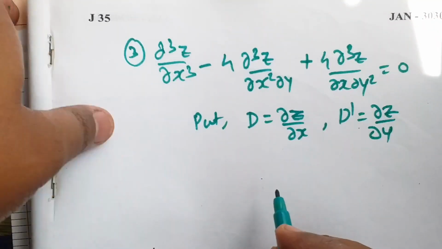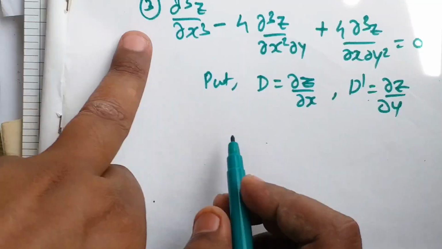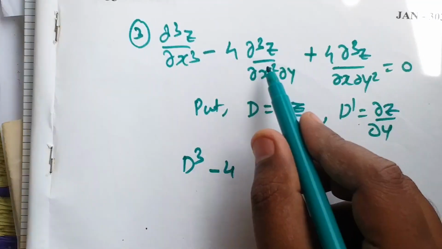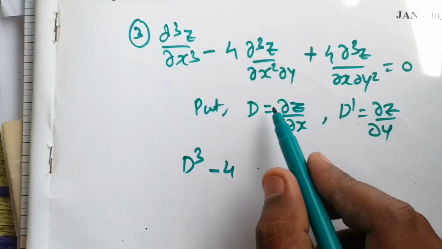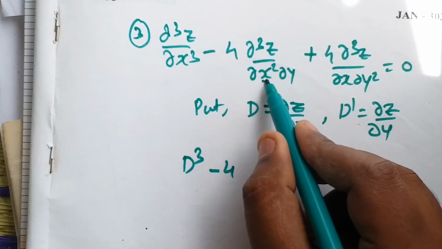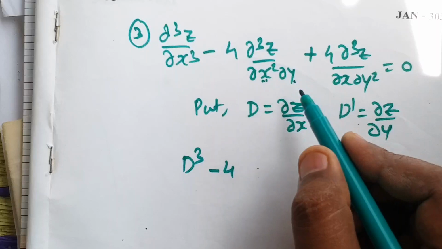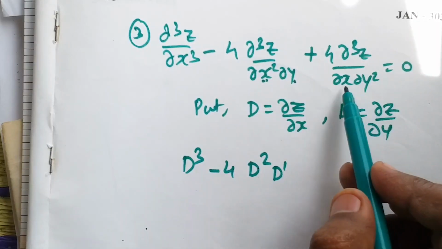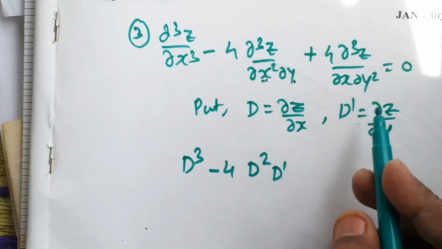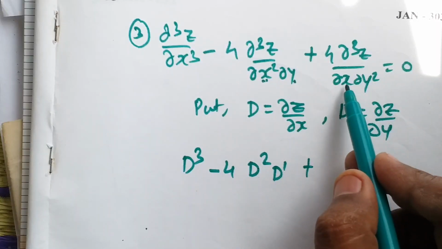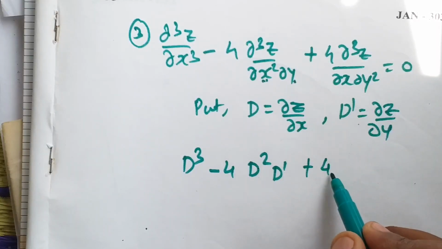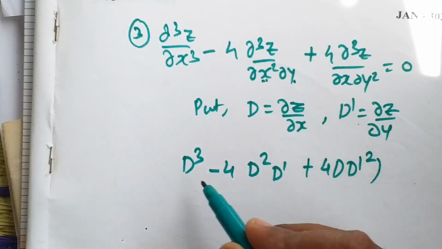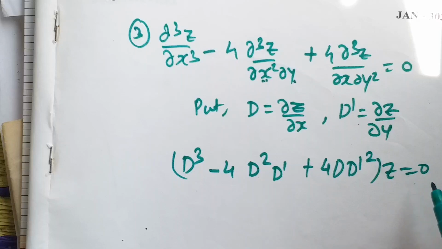So this will give us, first is the derivative with respect to x only, so D cube minus 4. Here mixed partial derivative we have, derivative with respect to x 2 times and with respect to y 1 time, so square of D and D dash single power. And here plus 4 times derivative of x 1 time, so 4D, and derivative of y 2 times, so D dash square, outside bracket z equal to 0.